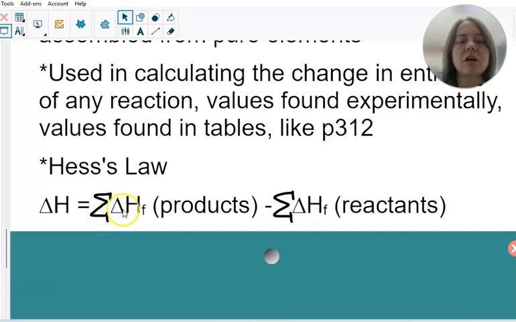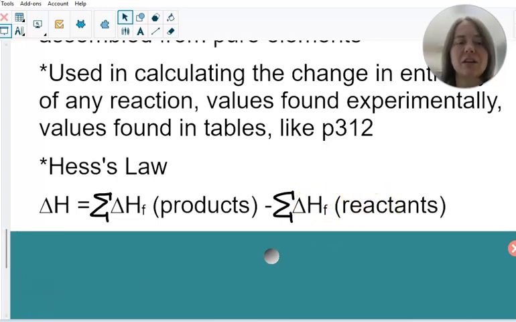So the sum of the enthalpies of formation of the products, notice products are first, minus the sum of the enthalpies of formation of the reactants. I misspoke earlier when I said change of enthalpies. So the change in enthalpy is equal to the sum of the enthalpies of formation of the products minus the sum of the enthalpies of formation of the reactants. All right, please write that down.